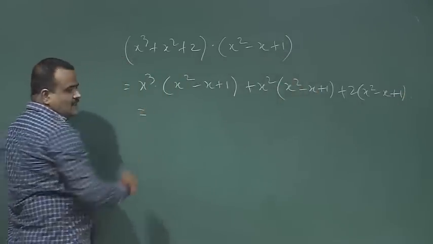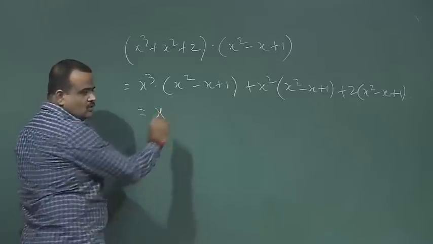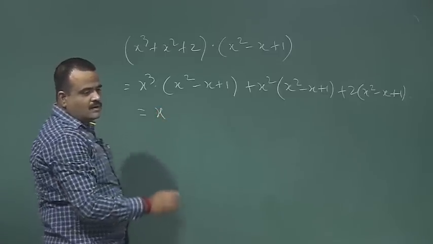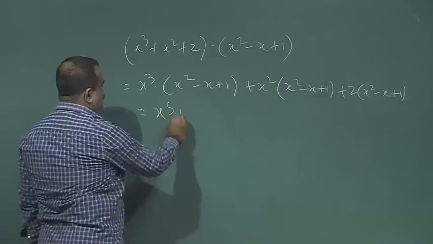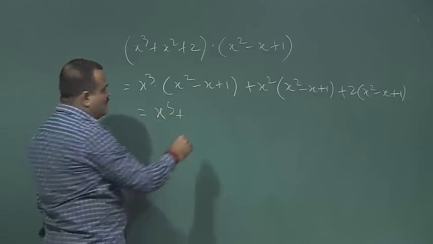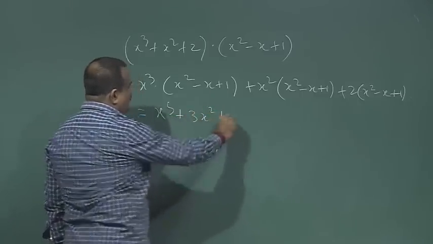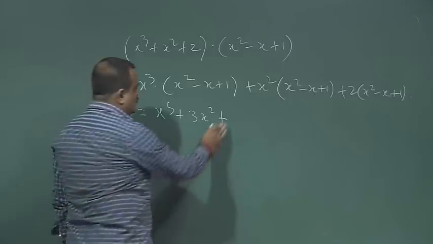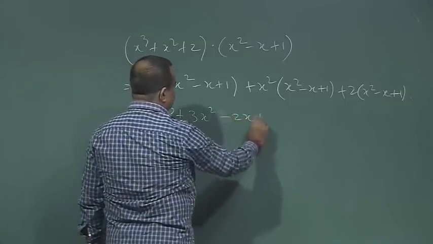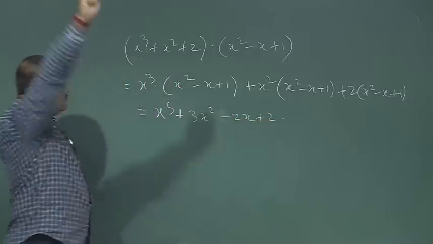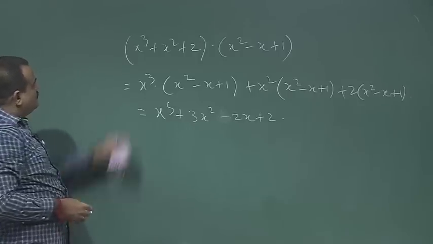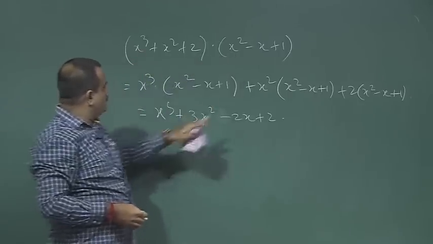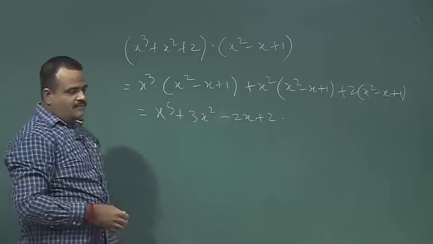So, this will give us x to the power 5 plus, and here we need to do the addition operation over the ring or over the field, minus 2x plus 2. So, simple multiplication operation, and the degree will be the degree of this polynomial plus the degree of that polynomial. So, this is 5.